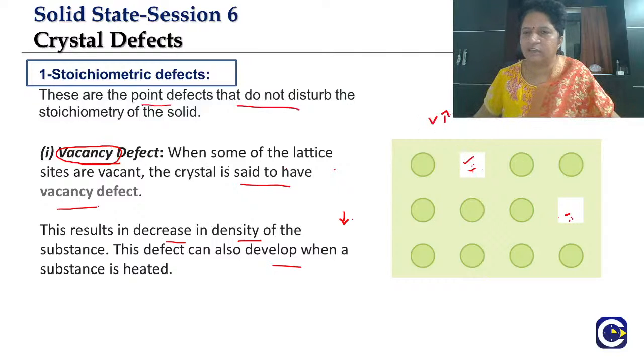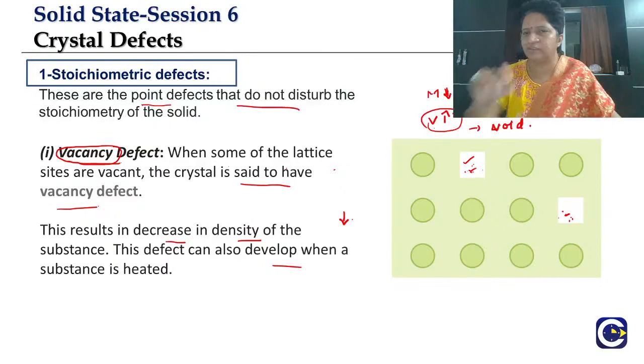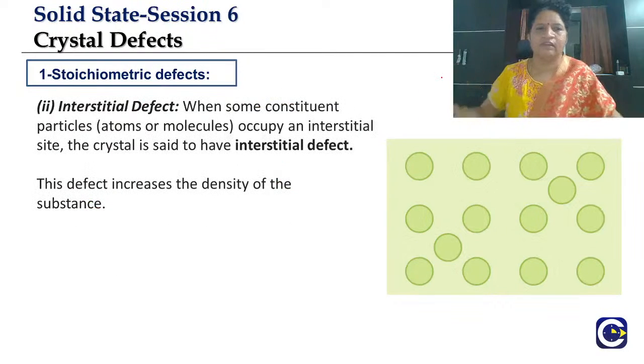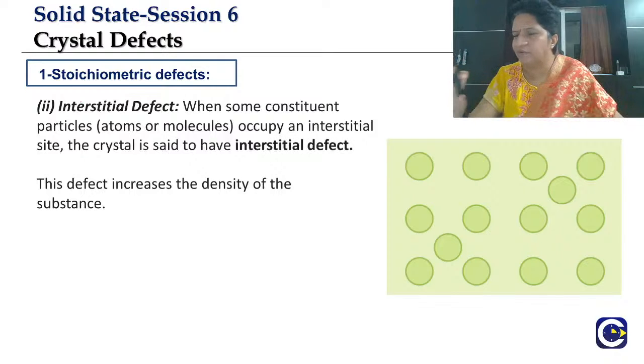The volume increases. The empty void space increases. Because of the loss of these ions, mass becomes less. Why? Because some of the ions are missing, so mass will also become less. Interstitial defect, as the name indicates, the ion moves away from that place and occupies some void space.